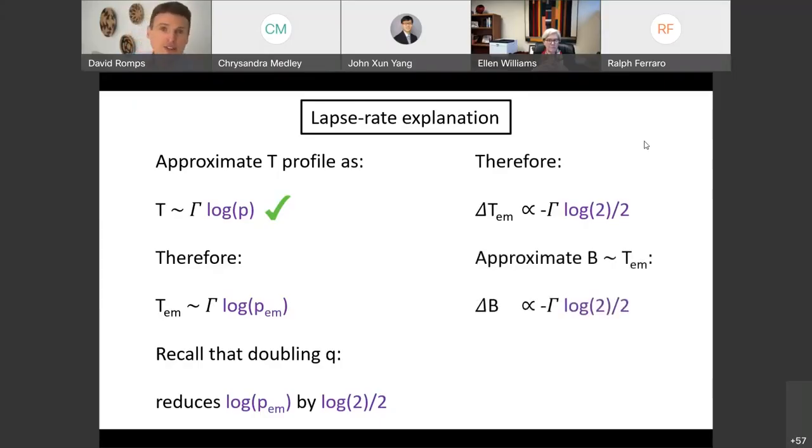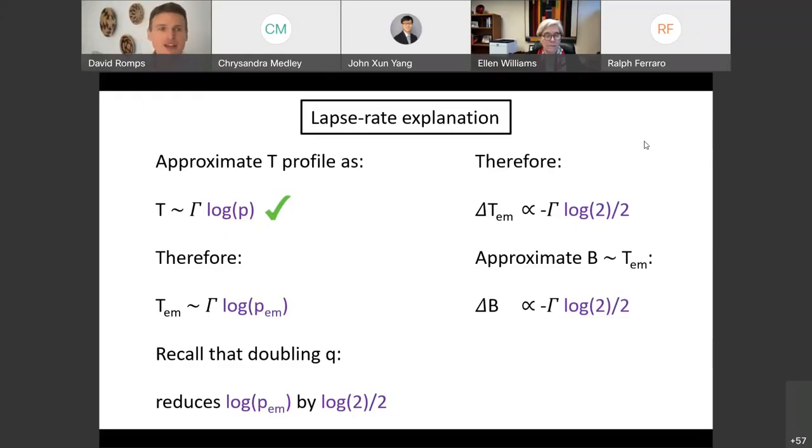Now, for any smooth function, I can approximate it as linear in its argument, so long as we're looking at small changes, and this is also true for the Planck distribution. We can approximate the Planck distribution as being proportional to the emission temperature. There's a coefficient there.